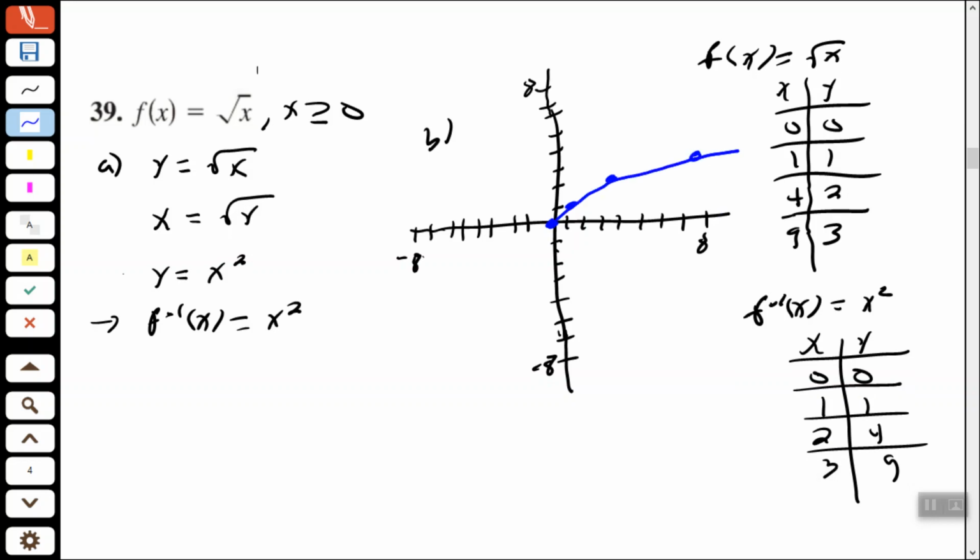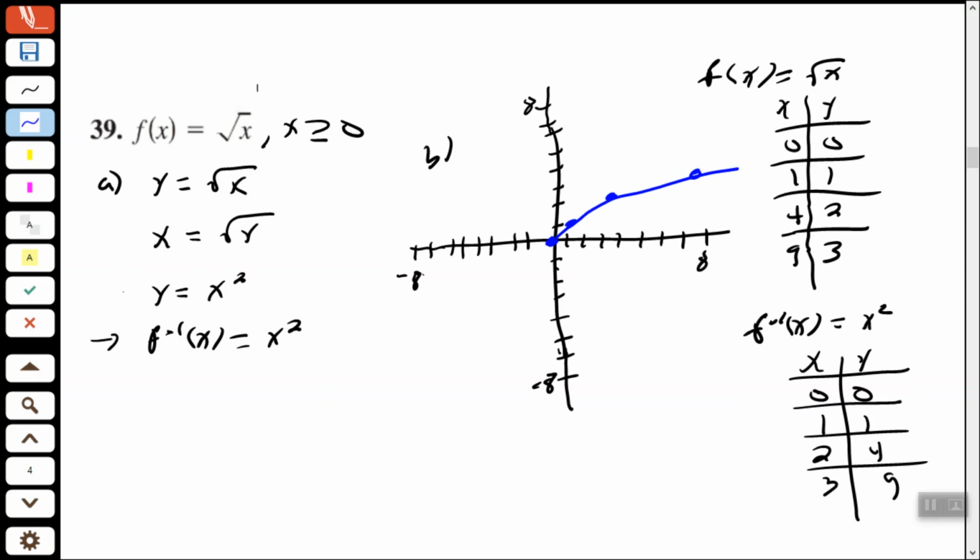So something like that. And then the second one, or the inverse, is still 0, 0, 1, 1, but then it's 2, 4. So it shoots up here, and then 3, 9. So it goes something like that. And if you look here, that's still reflecting over that y equals x. Okay, so part B will just be reflects over y equals x. Part C, domain and range.